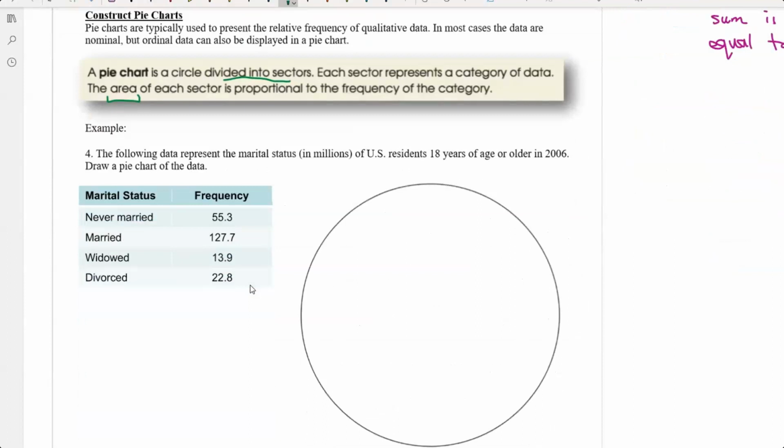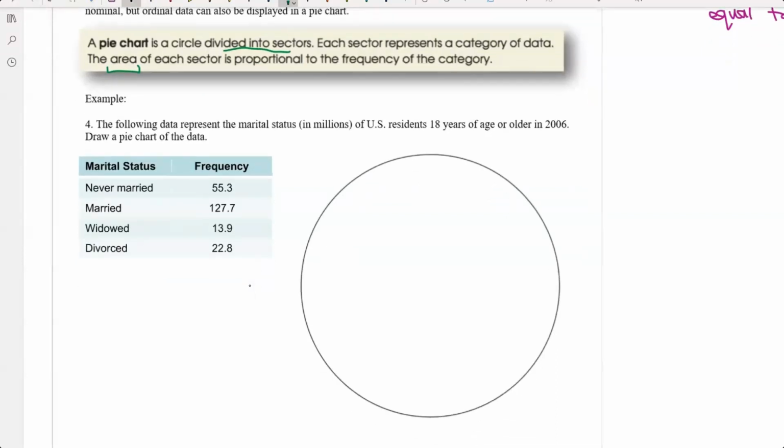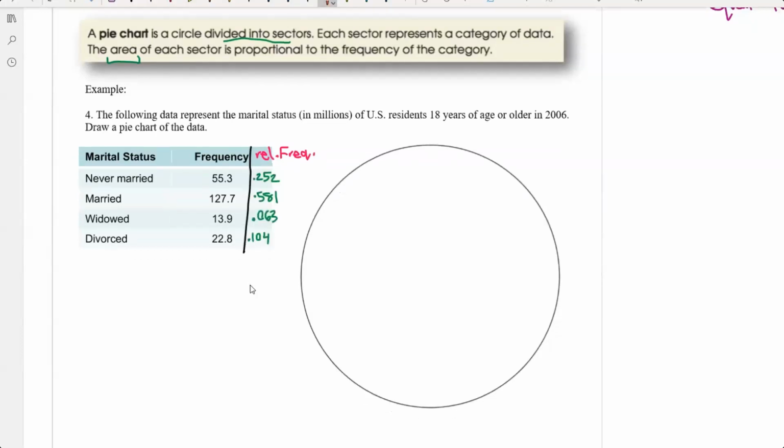So I can use all that I got for relative frequency. I'm writing that here. This is 25.2%.